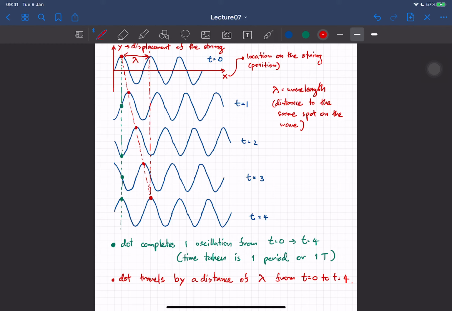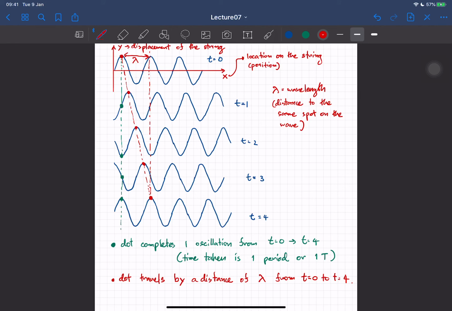The green dot is just oscillating up and down. Right? So the green dot completes one cycle of oscillation from t equal to 0 to t equal to T. So in other words, the green dot gives you the information of time, how long it takes. The red dot gives you the information of distance, how much the wave has traveled.